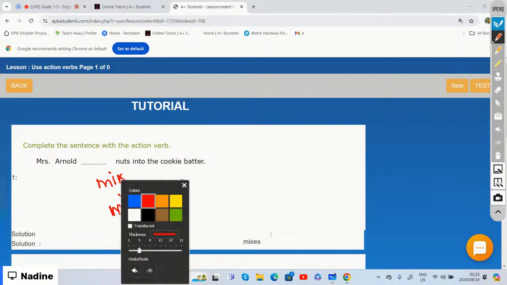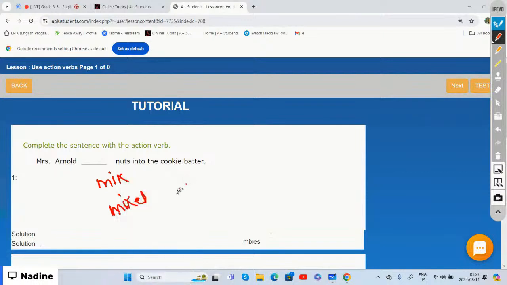So we need to choose one of these words. Do we say Mrs. Arnold mix nuts into the cookie batter, or do we say Mrs. Arnold mixes? So either mix or do we say mixes?